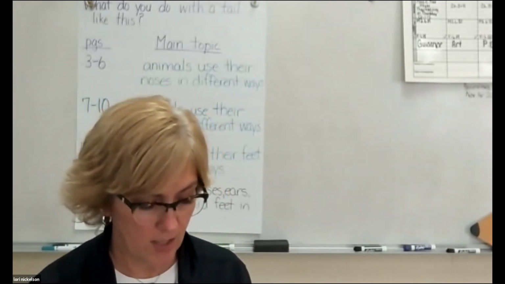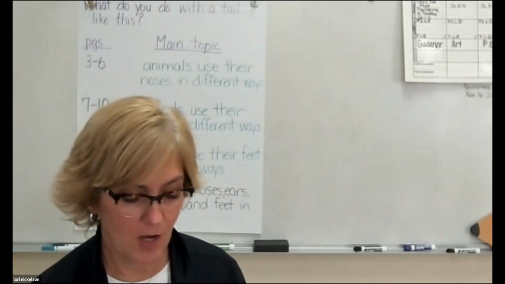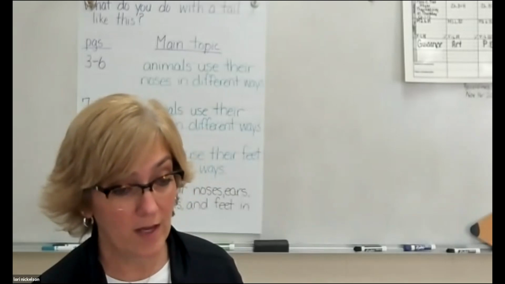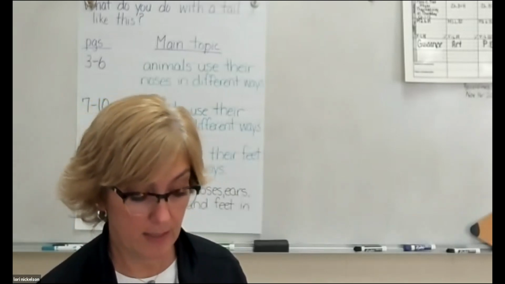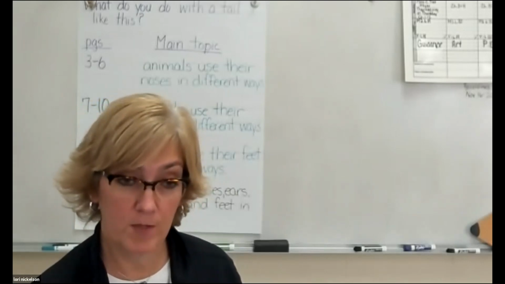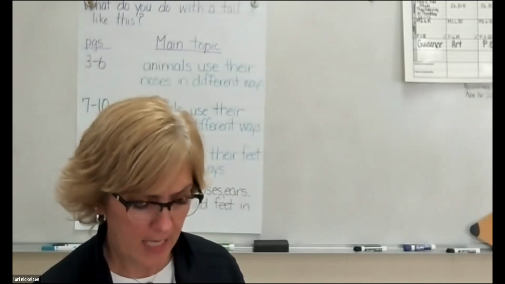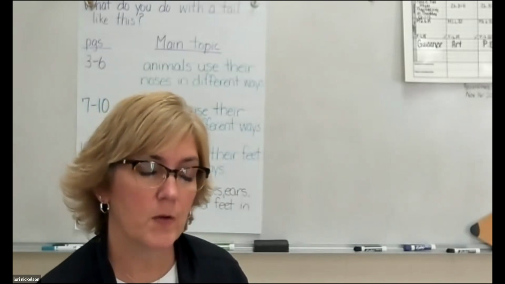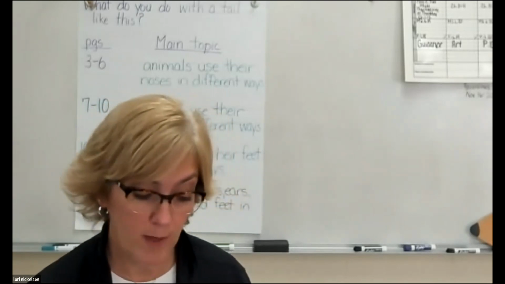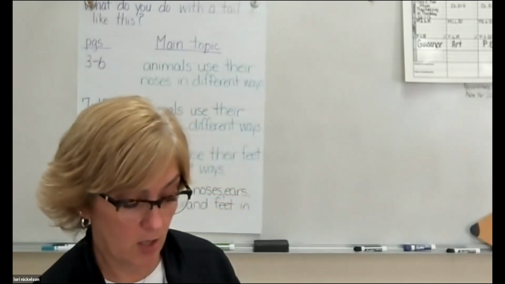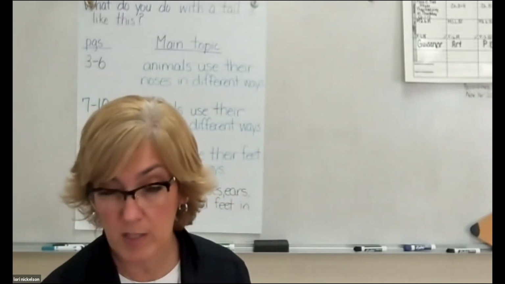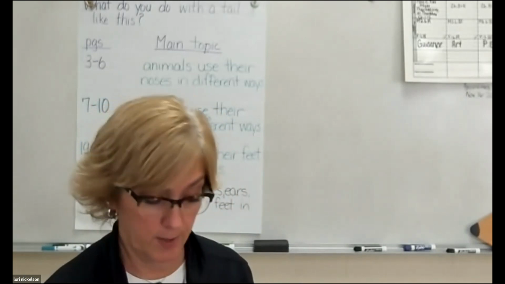So let's talk a minute about focus question task 4. We are writing an informative paragraph today. And the way we've got it is, I've decided I'm going to do it with you guys because we are going to talk about different animals from this book, and you don't have the book, and so it's going to be a lot harder without the book.